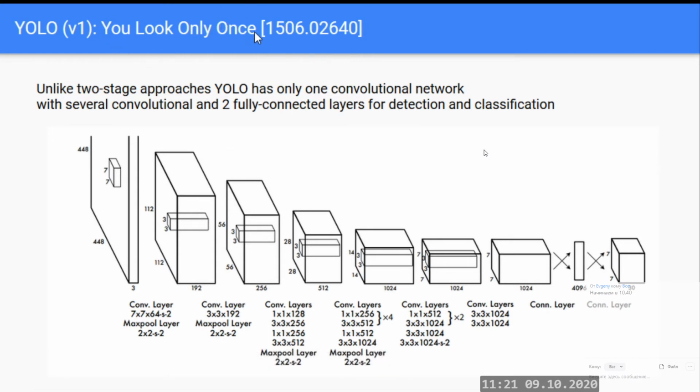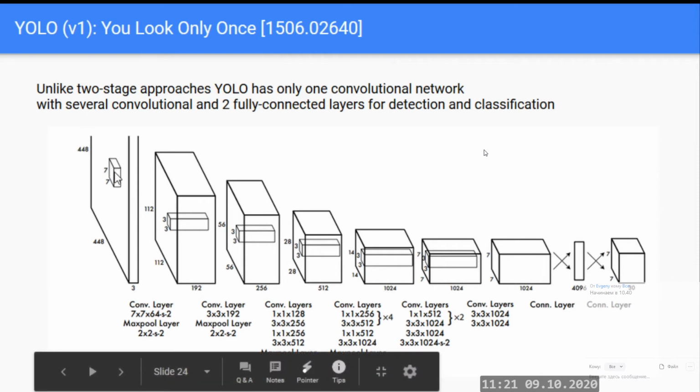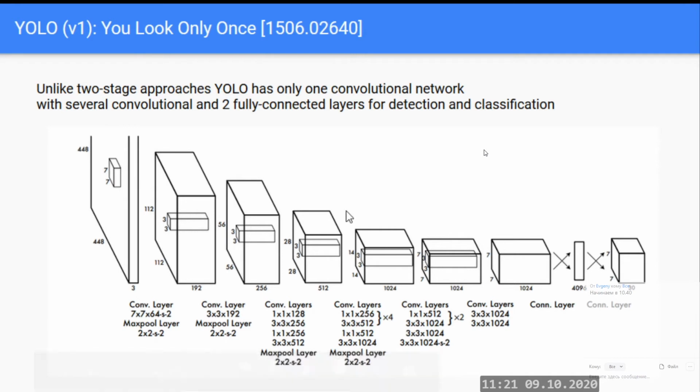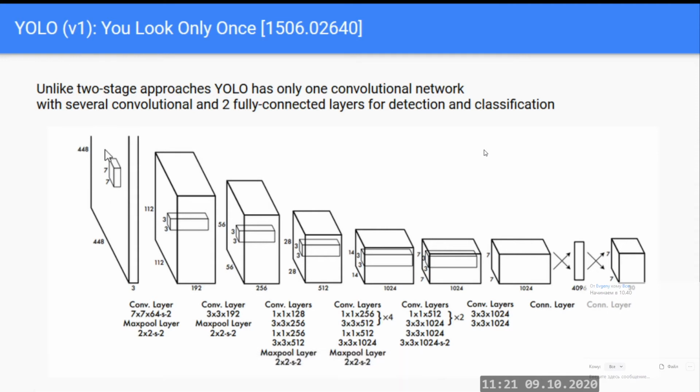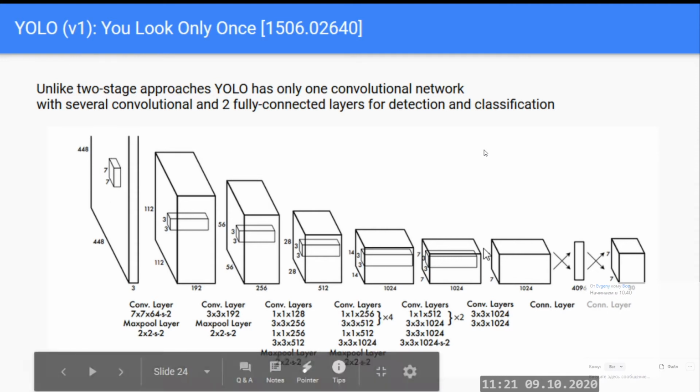Unlike the two-stage approaches, the idea for one-stage approaches, and YOLO in this particular case, is that we have some convolutional layers. For YOLO, it's not some predefined backbone like RetinaNet, just some custom convolutional layers. When we run this network, we end up with a 7 by 7 region with a predefined number of features.